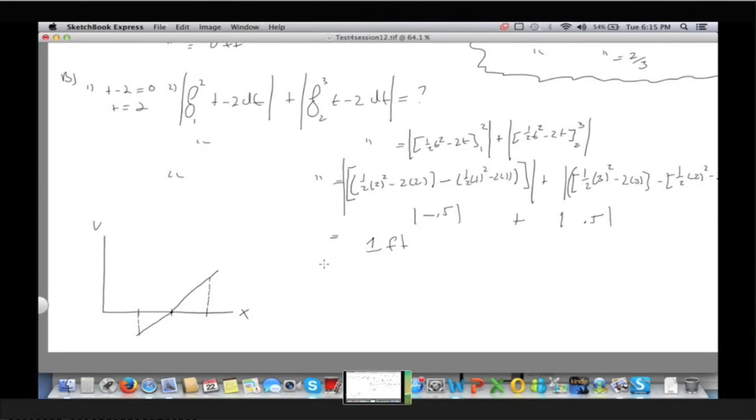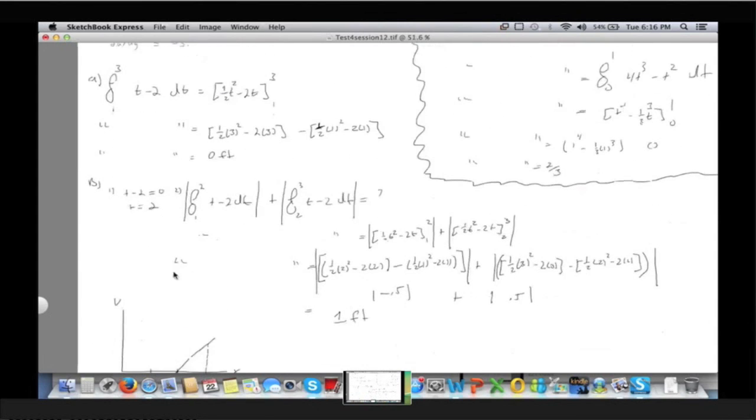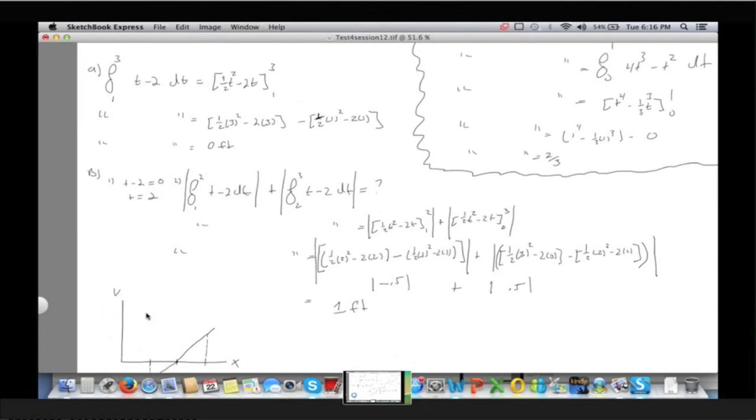Okay, good. So looking at part A, you did the definite integral. Let's go back up or maybe zoom out. On part A, you did the definite integral from 1 to 3. That came out as 0. How can you explain with your graph why that came out as 0? What does that mean?